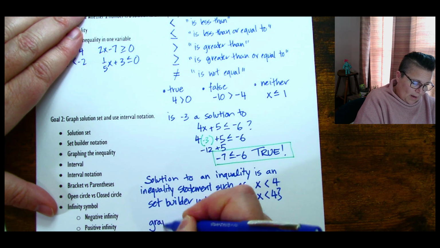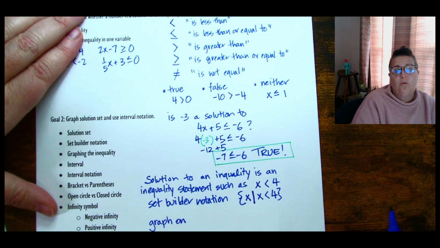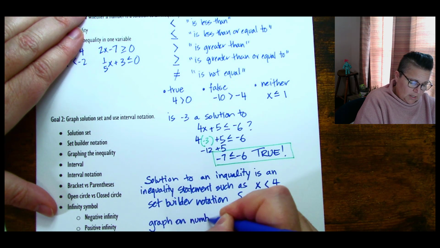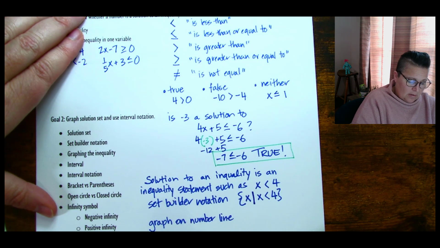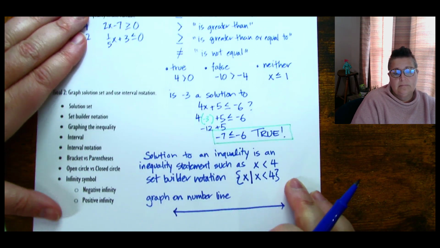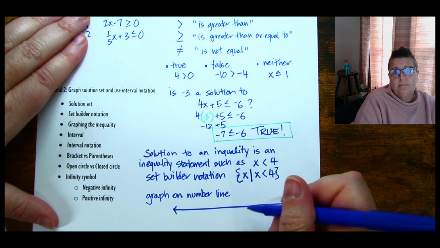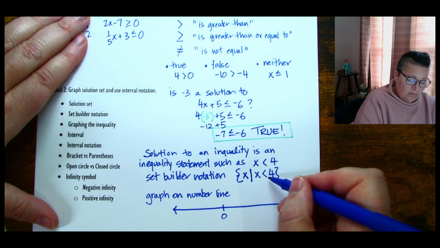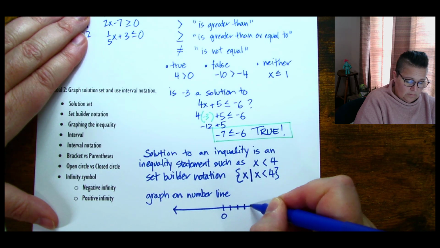We also graph the inequality. And when we graph it for a singular variable, we will graph it on the number line. That means I will need a number line. I generally put in a 0. And then for x less than 4, we need to be able to go to 4.